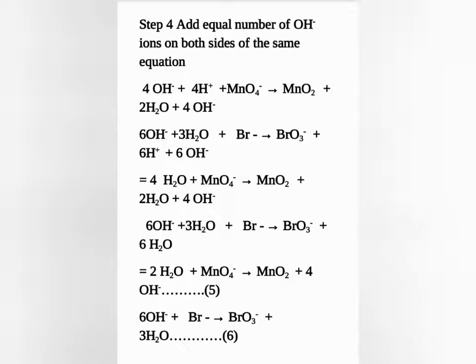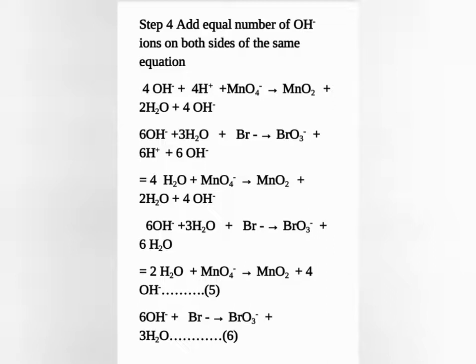Similarly, in the second half equation we have added 6 H plus since we have added 3H2O, so we have to add 6 OH minus ions on both sides of that equation. So the equation becomes 6 OH minus plus 3H2O plus Br minus gives BrO3 minus plus 6 H plus plus 6 OH minus.